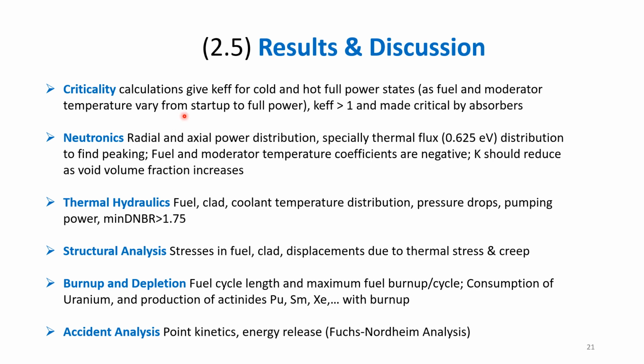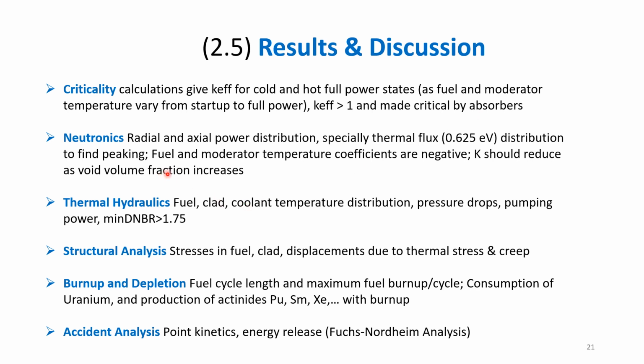So in criticality, you saw calculations give the K effective for cold and hot full power states as fuel and moderator temperatures vary from startup to full power at high temperature. And you control the K effective by moving absorbers in and out.